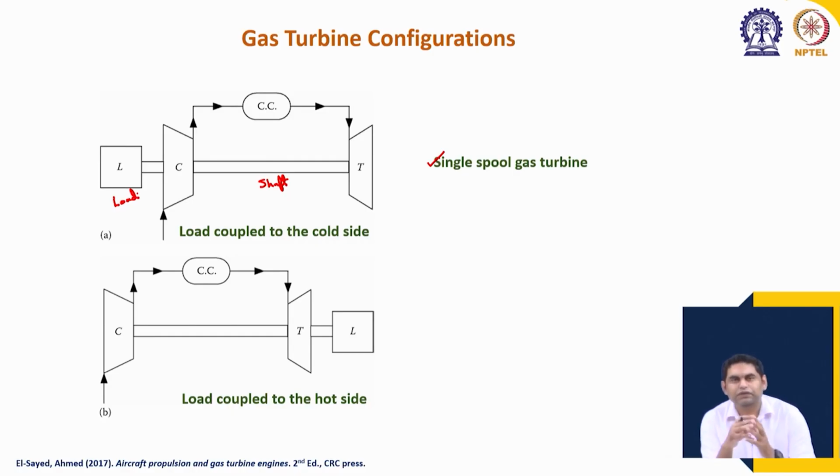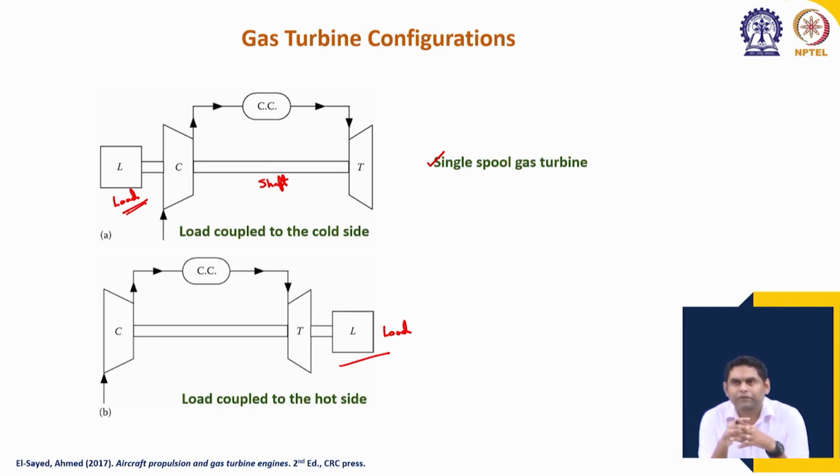This is the simplest form of the design, and in this case the load can be mounted either on the cold side, which is the compressor side, or on the hot side, which is the turbine side of the shaft, depending on the application. This is the simplest design, but there are some drawbacks. For example, if the compressor pressure ratio is too large, then we will have a large number of compressor stages.